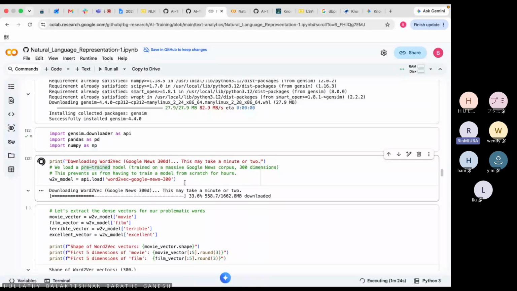Do you yourself see any good use case for those classic methods, even in the days of transformers and large language models? Yes, Professor.